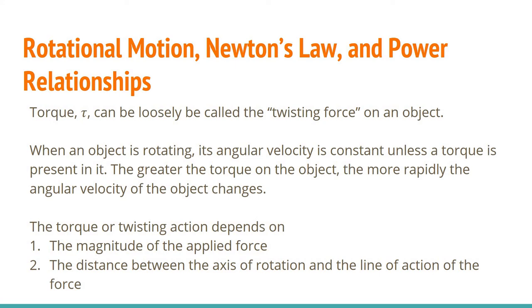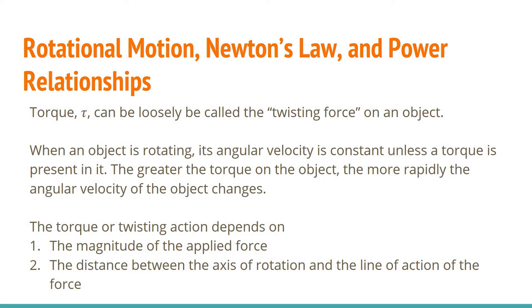Torque can loosely be called the twisting force. It is a kind of force that twists the object. It is the reason a machine rotates. If something rotates, there is torque. When an object is rotating, its angular velocity is constant unless a torque is present on it.